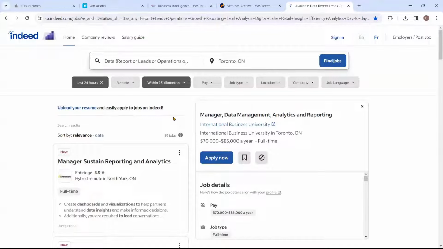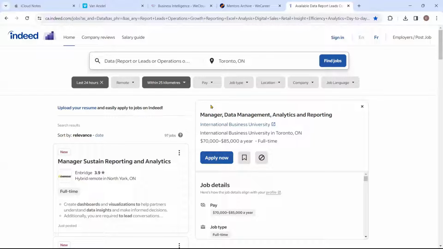So if one of you wants to get a data job, I think we'll need to do something different. It's insane if we do the things that everybody is doing and expect a miracle to happen.